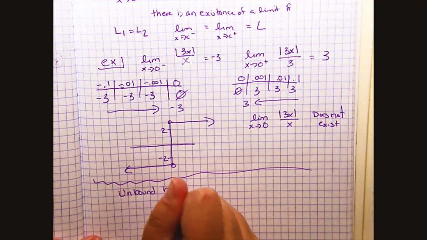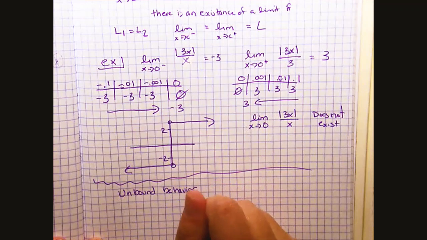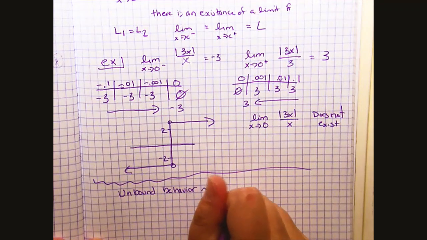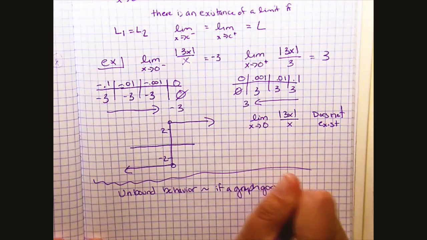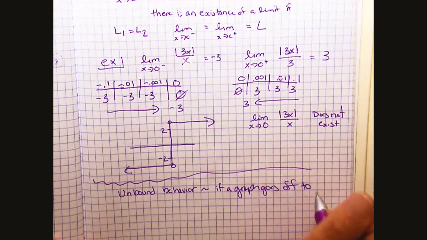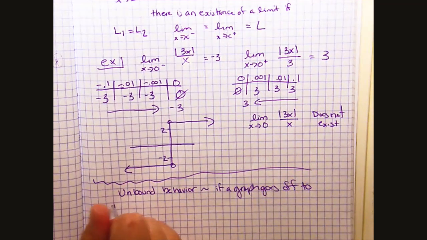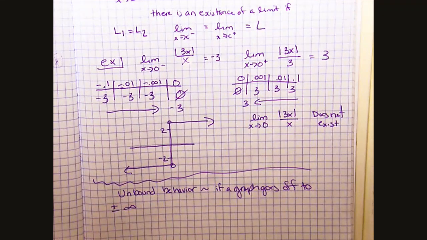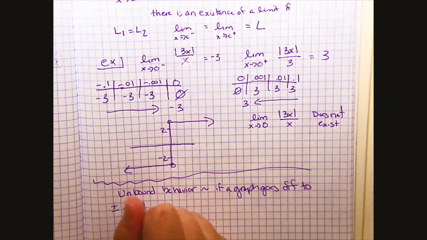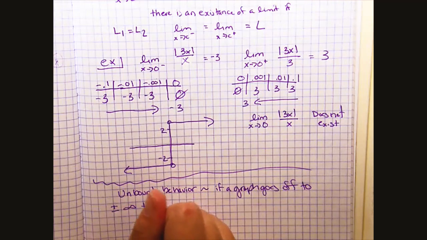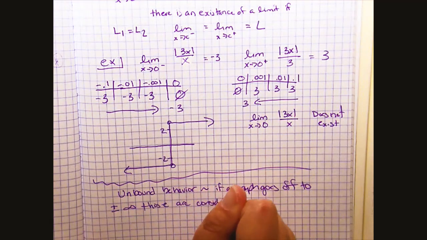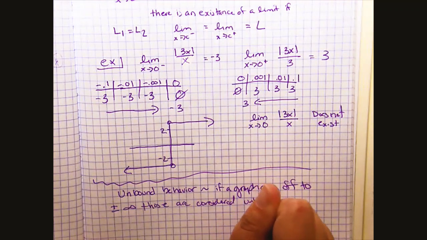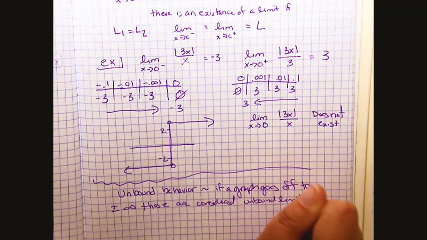As Buzz Lightyear would say, unbound behavior is if a graph goes off to positive or negative infinity, those are considered unbound limits.